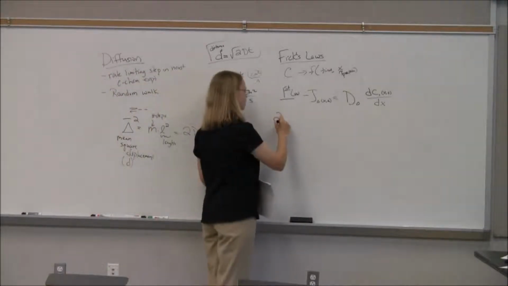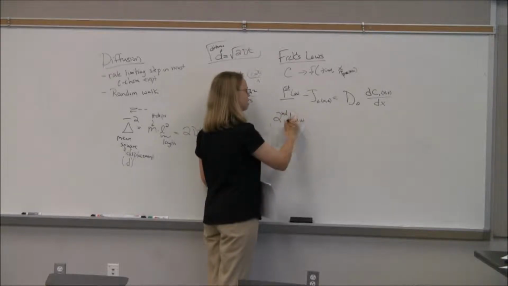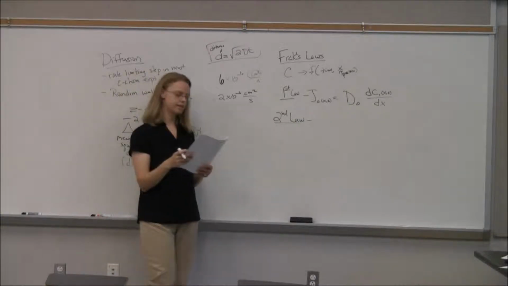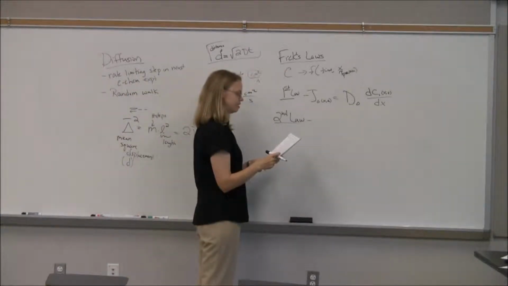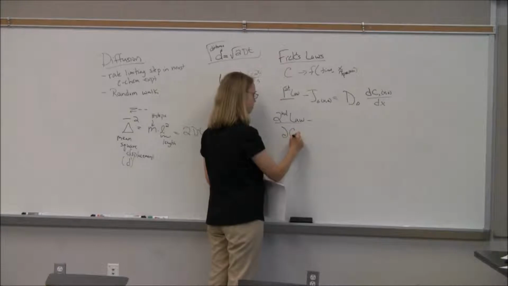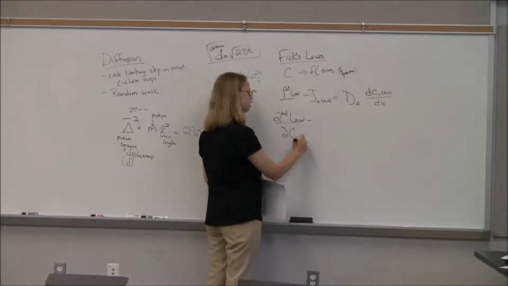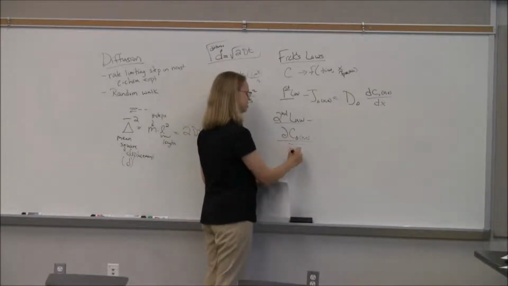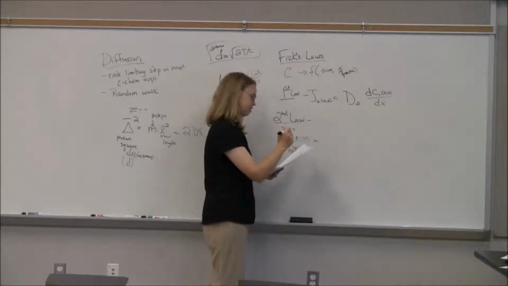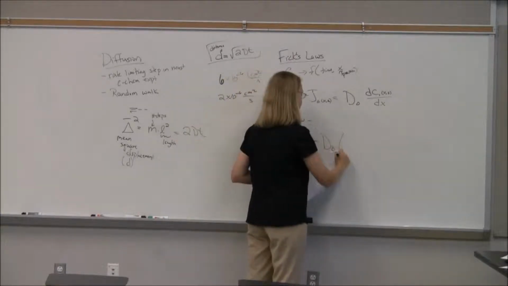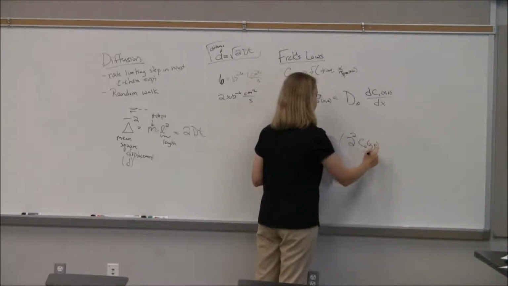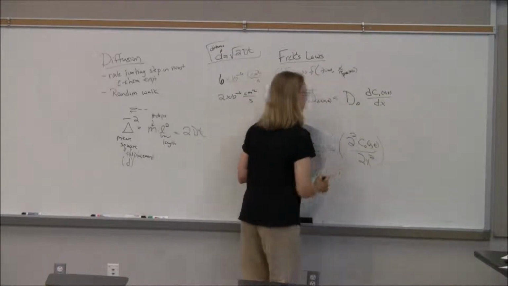The second law, and I'm pretty sure the book probably derived these, and I don't choose to today. The second law is the one that tells you about the flux as a change in distance. So this one is the second order differential equation. The change in concentration of O at x, dt, so how it changes in time, is a function of the second derivative with respect to distance.